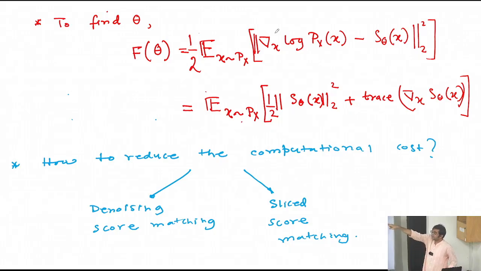Instead of matching with that grad of log p(x), we will match with some q(x tilde), where q(x tilde) is some noisy version of samples you get from p(x). Which means we are bringing in the concept of noising. I'll take the sample and add a small noise to it, and then we will work with that small noise. We are also bringing in the concept of transition probability.